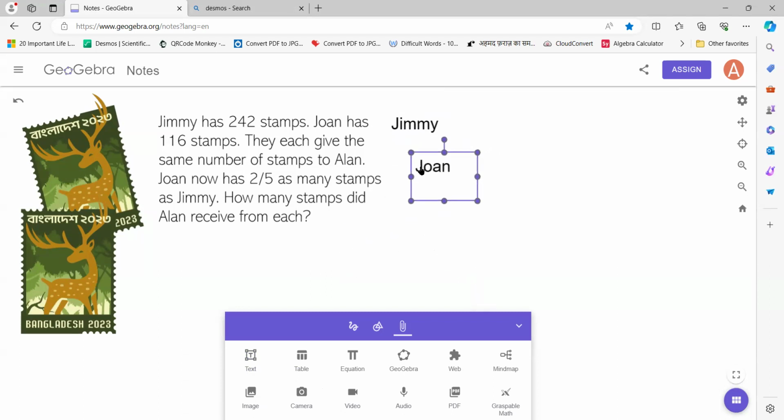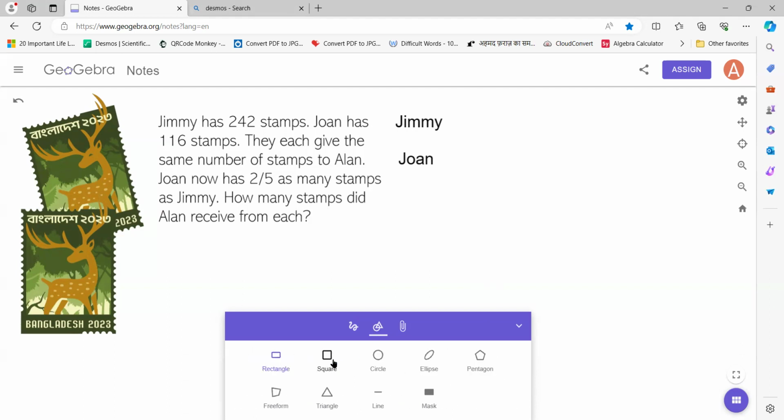I'm going to start with the scenario where they have given the same number of stamps to Alan. What happened after each gave Alan the same number of stamps? The question says Joan now has two-fifths as many stamps as Jimmy.